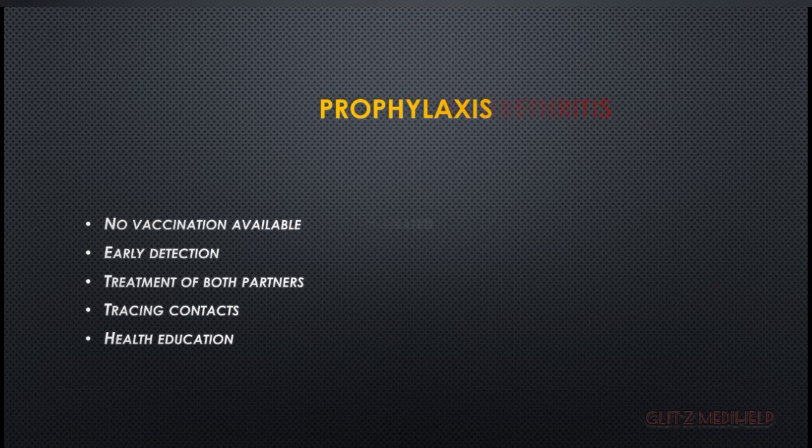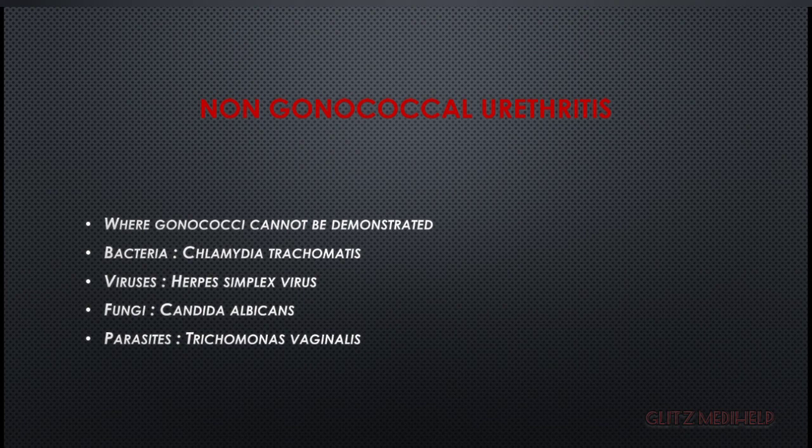Finally, for the sake of completion, we have to mention non-gonococcal urethritis. When we have some chronic urethritis and we cannot identify any gonococci, it is designated as non-gonococcal urethritis. There are various agents that can cause non-gonococcal urethritis, like bacteria, virus, fungi, parasites, and so on.